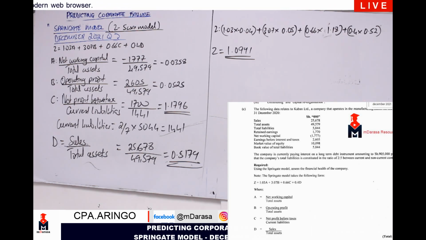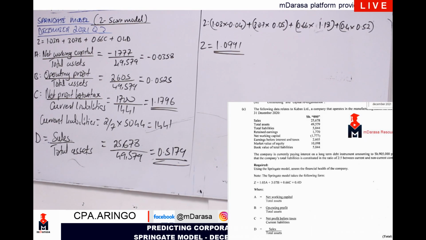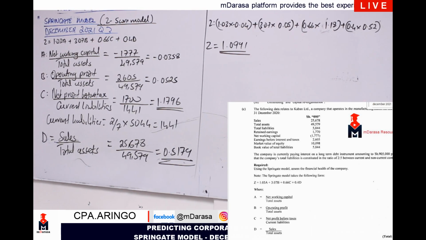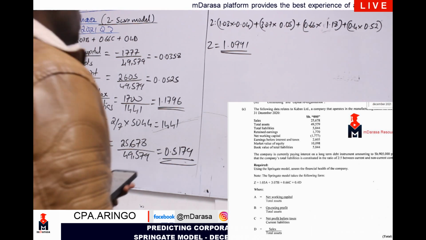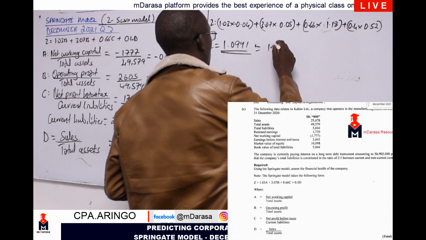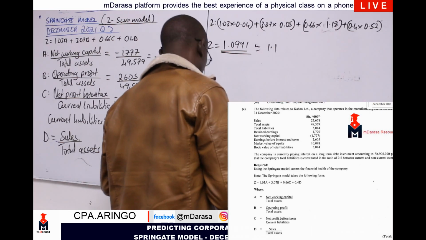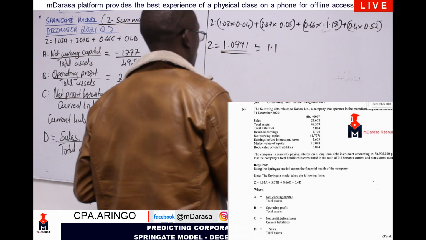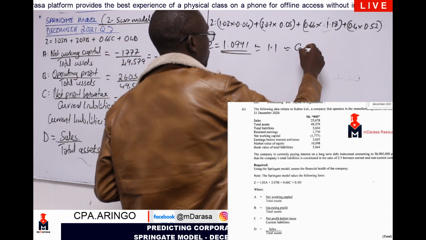So look at what we mentioned. What will be the status of this company? Given the fact that it is 1.1 at least, we'll find that it is on a gray area, right?